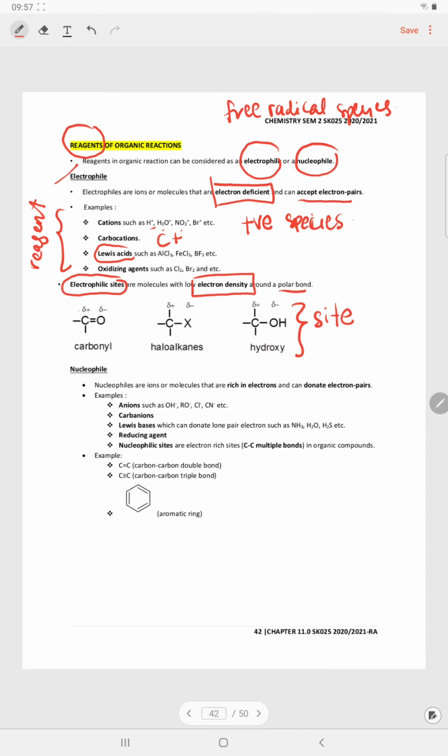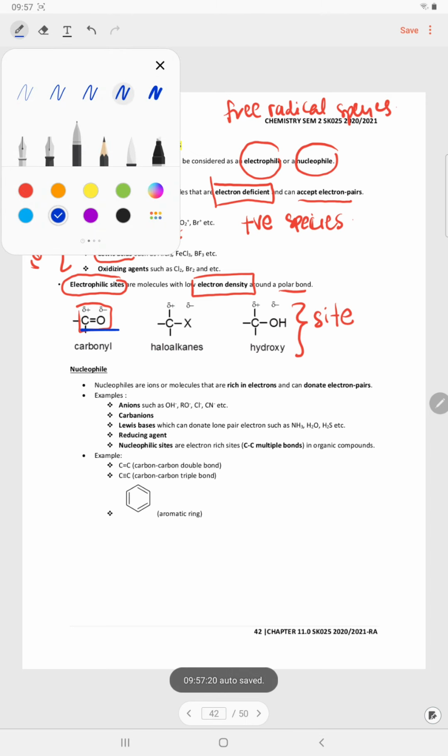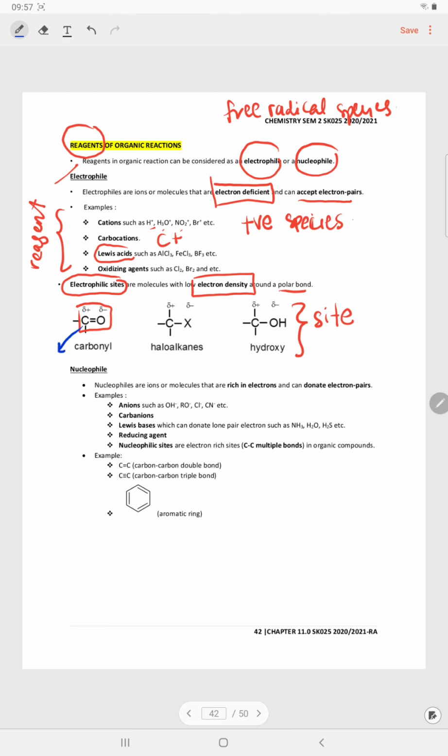For example, between C and O, the lower electron density occurs at carbon. So at carbon, the chemical reaction takes place. For example, the covalent bond between carbon and halogen. So this carbon we can classify as our site of chemical reaction.